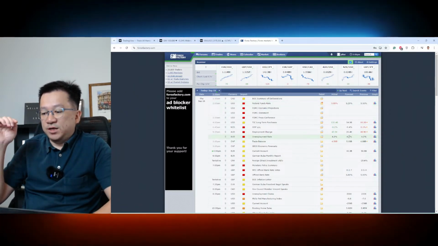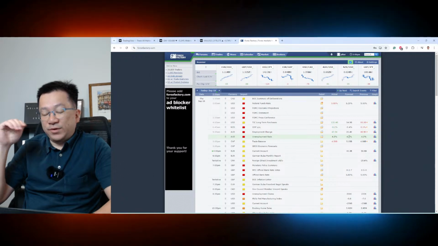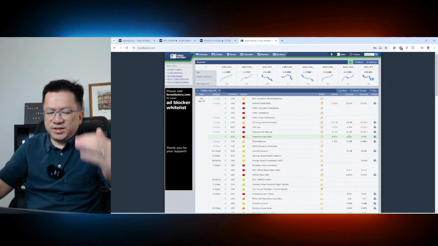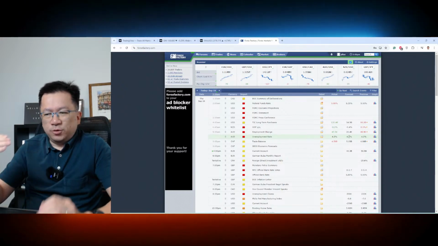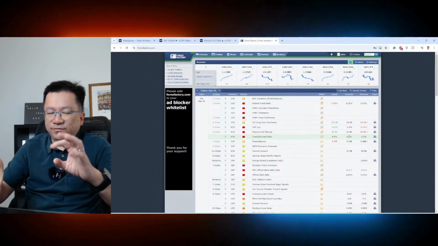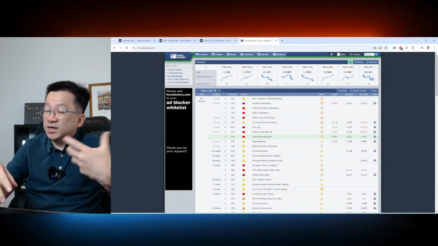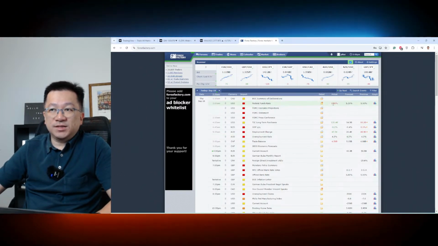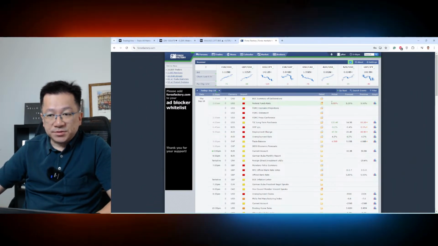Right before the news, the CME FedWatch was almost 50-50 on a 25 or 50 basis point rate cut. It got released at a 50 basis point rate cut, taking rates down to 5%.